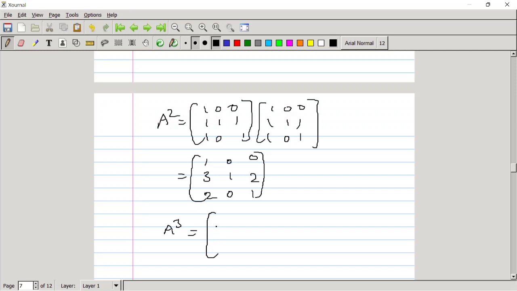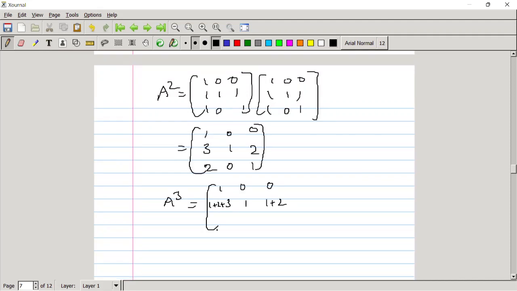I am just writing directly. A cube is nothing but, by doing the multiplication of A and A square, we will get 1 0 0. This is 1 plus 2 plus 3. Here 1. Here 1 plus 2.